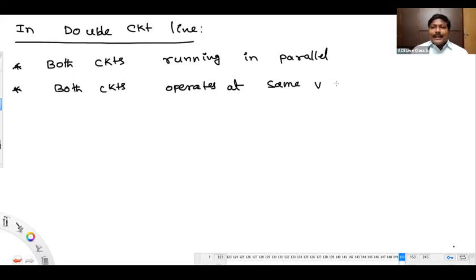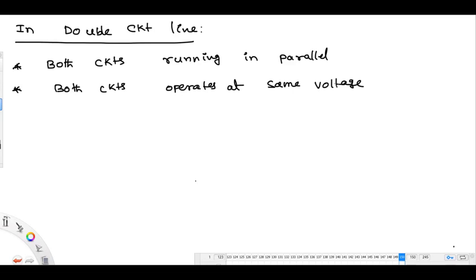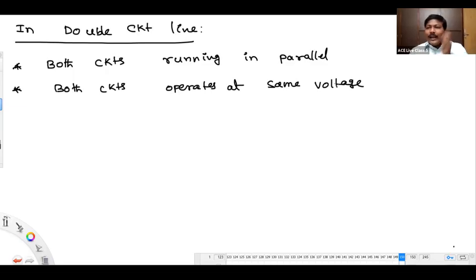But how will be the current rating of the two circuits here? Anybody please tell me. Is it equal or need not be equal? Need not be equal. Kindly check this word.